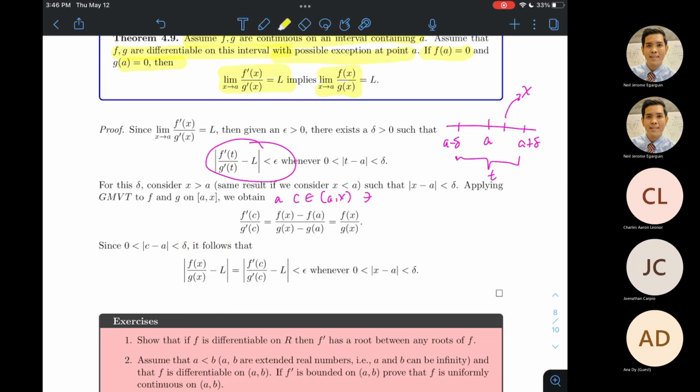And remember, we did this for an arbitrary epsilon greater than 0 and found a delta greater than 0 such that if this is true, then this guy is less than epsilon. That's the very definition ng limit ni f of x over g of x. And what is the limit? The limit is equal to L. So therefore, yung limit talaga ni f over g ay equal kay L.